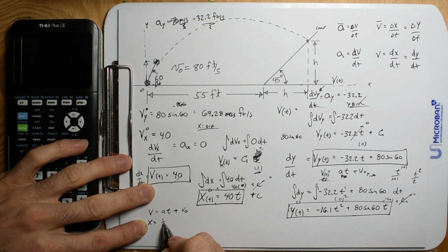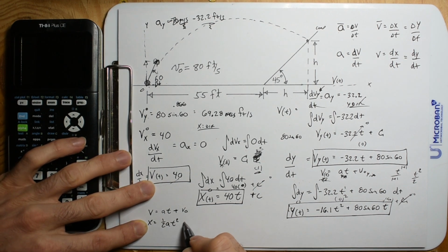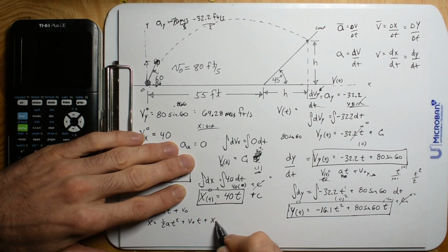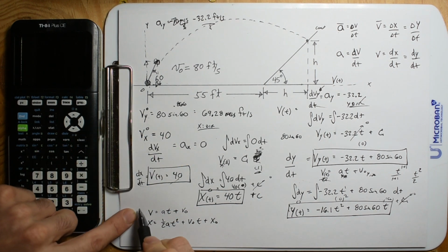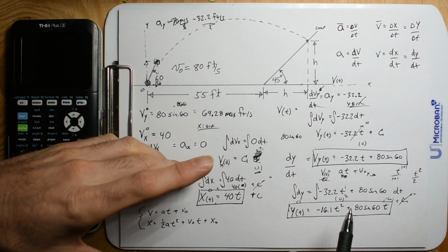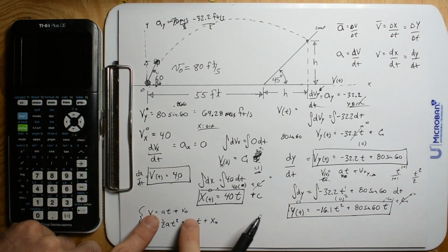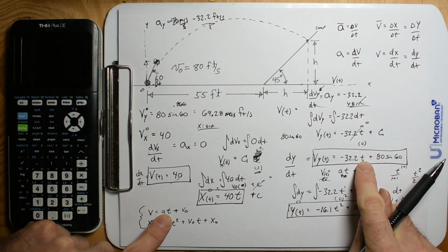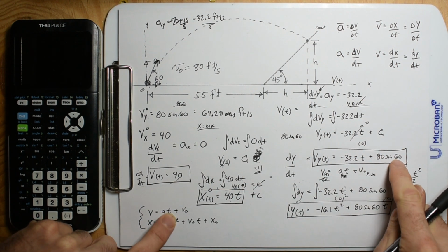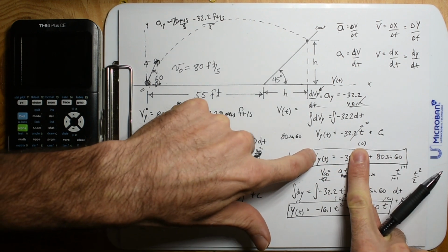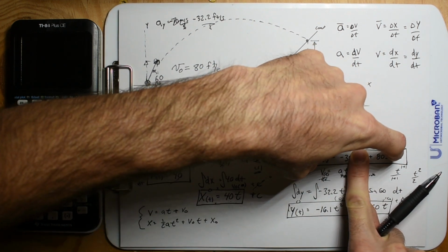And position is 1/2 acceleration time squared plus velocity initial t plus the initial position. So you can memorize the kinematic equations from the integration process. You know what I mean? Because to get velocity, we took that acceleration term, multiplied it by t, but then we had to add the initial velocity. Because when time is equal to 0, we're going to have some sort of initial velocity, and that's what that's going to be.